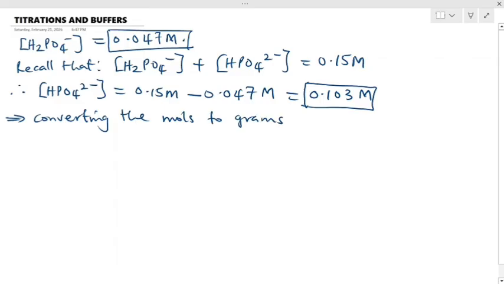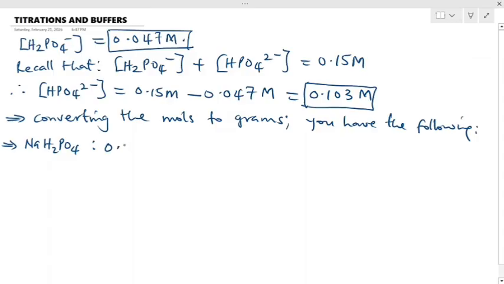For H2PO4 minus, you have 0.047 molar, moles.